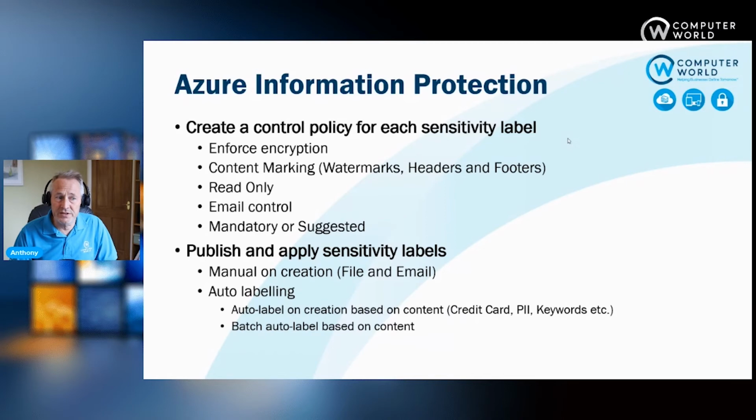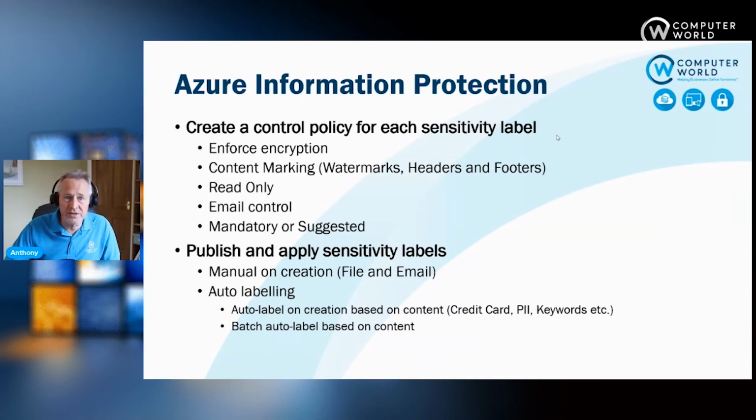So there's kind of automatic checks even when you're manually sending information. And the other area we can apply the labeling automatically is on-premises servers. So we can use the Azure Information Protection Unified Labeling Scanner to run through our existing data stores and categorize that information. So there we are.